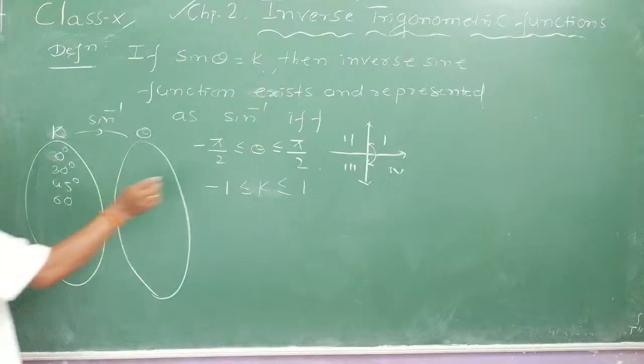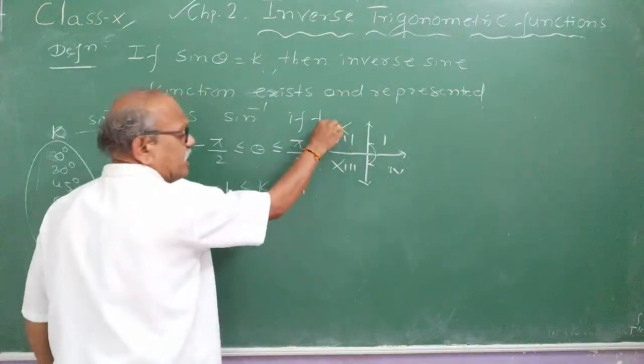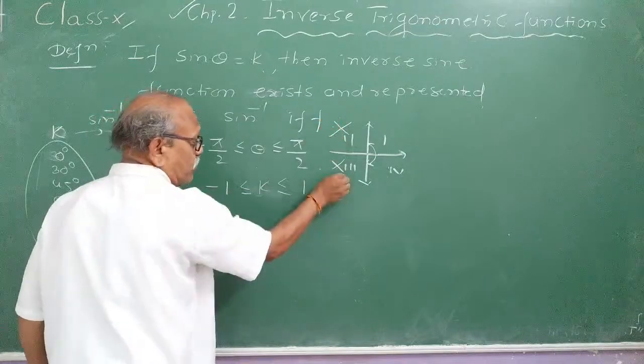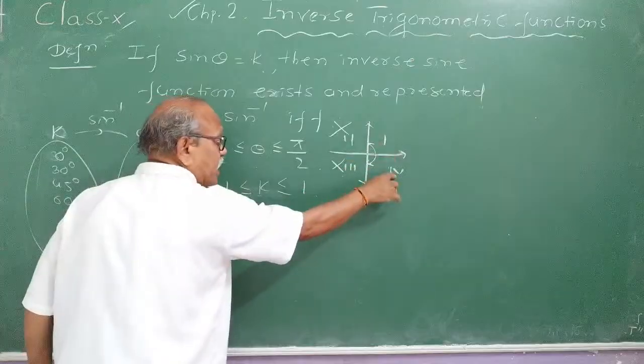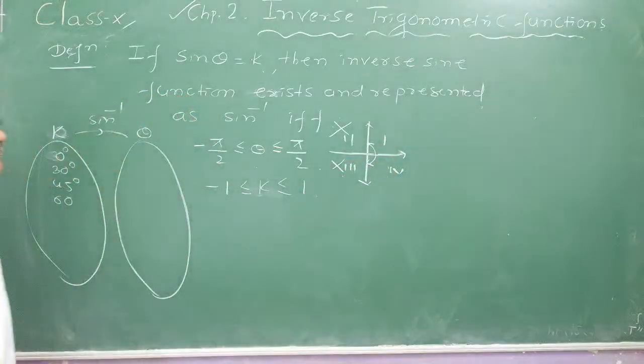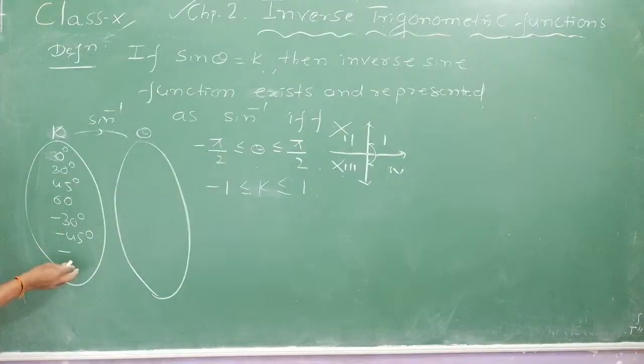You can't cross. These are the prohibited areas. If it comes to the second quadrant, it will not be 1, 1. If you come to the fourth quadrant, third quadrant, it will not be 1, 1. It will be 1, 1 and on 2 only if it is present in first and fourth quadrant. If I take minus 30 degree, minus 45 degree, minus 60 degree, right?